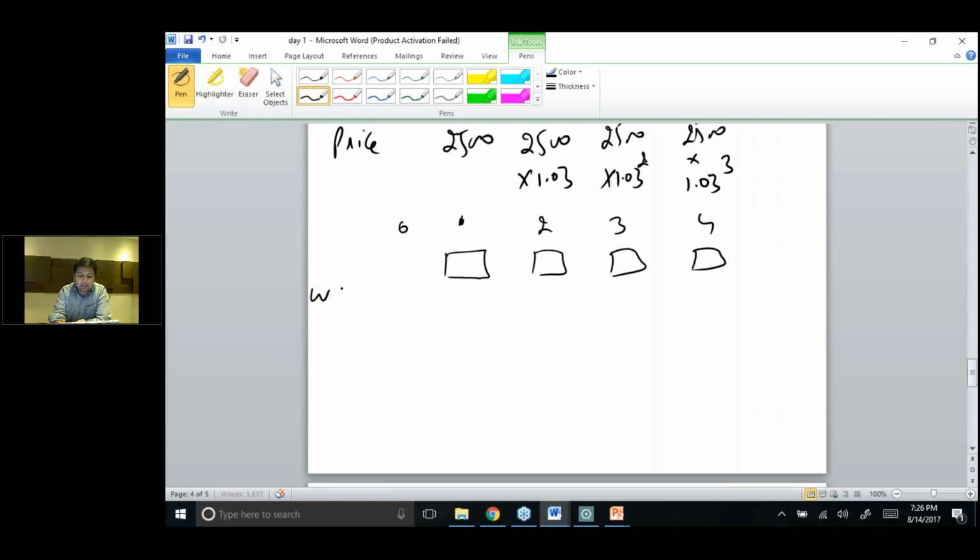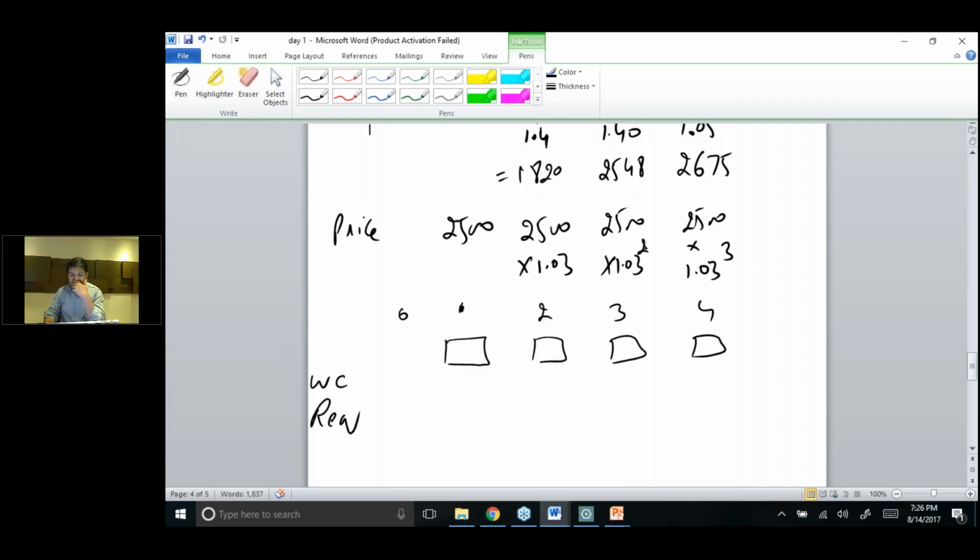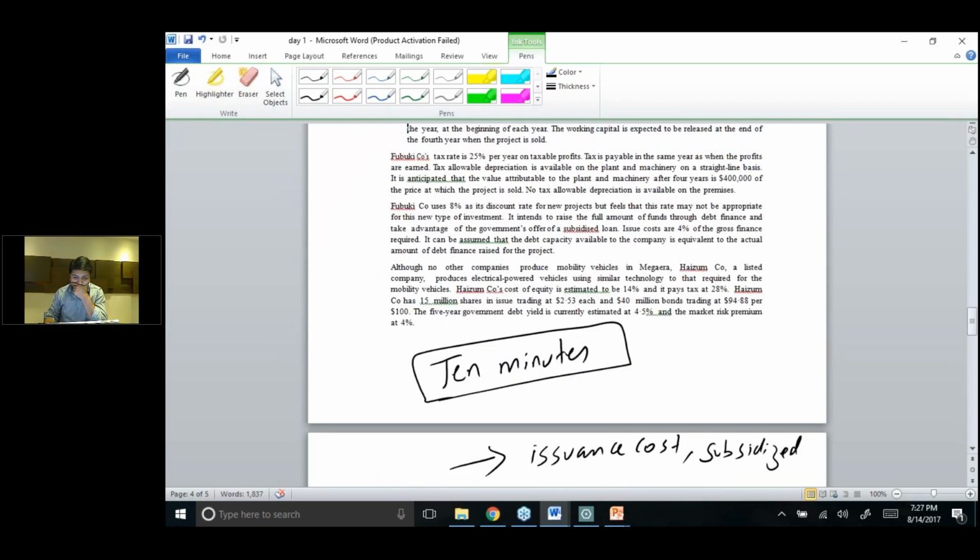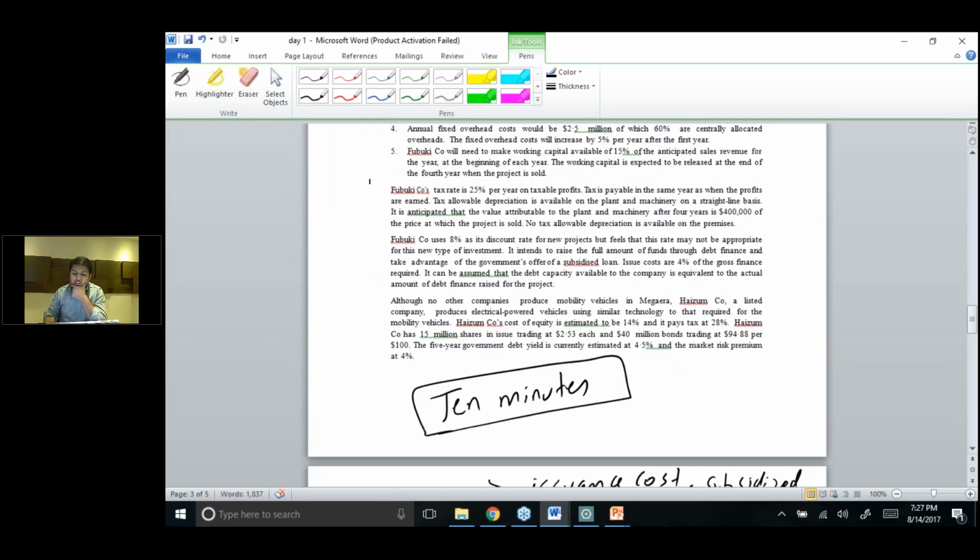So the working capital requirement is 15% of sales.